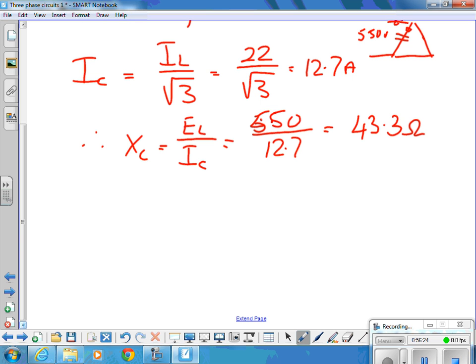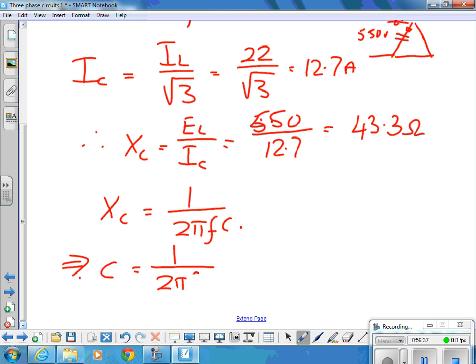So now, because we know that XC is 1 over 2 pi FC, that rearranges to C is 1 over 2 pi F XC. Which is 1 over 2 pi times 60 times 43.2 equals.